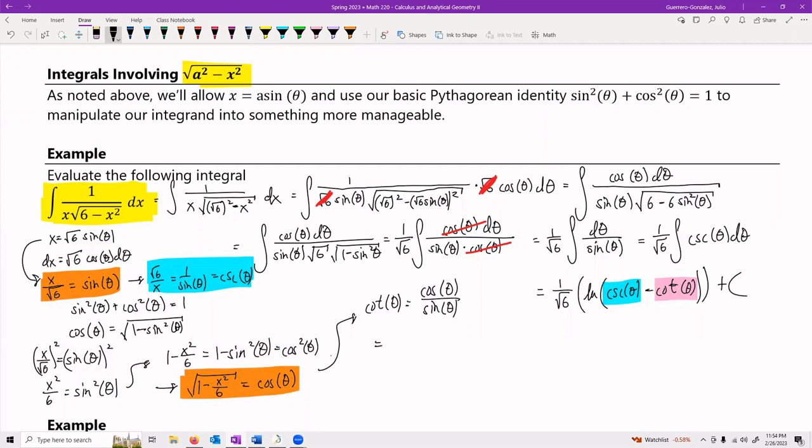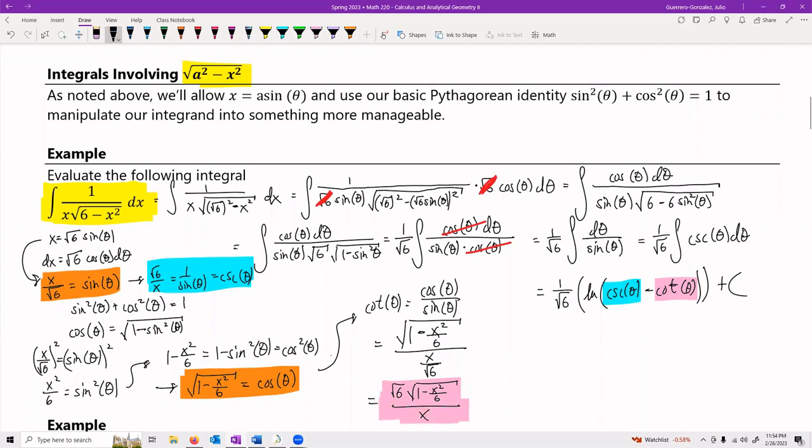We have cosine, 1 minus x squared over 6, divided by sine, x over square root of 6. And if I clean this up a little bit, there's not much left for you to do here. You can maybe have square root of 6, square root of 1 minus x squared over 6, divided by x. That is as far as we can really go.